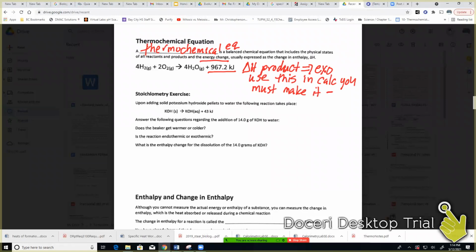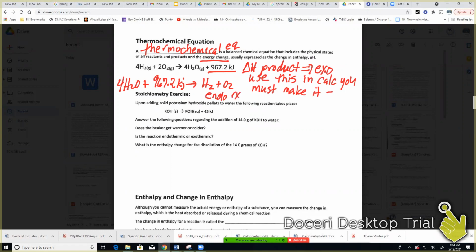If I just flip this over and write it as 4H2O plus my 967.2 kilojoules, give me hydrogen plus oxygen. Now, if I have my number as a reactant, this one would be an endothermic reaction.